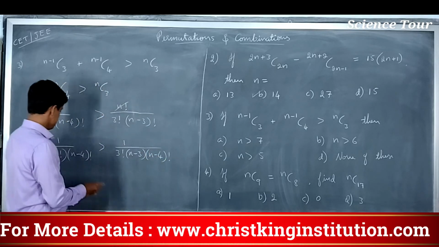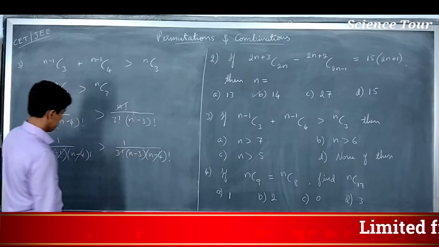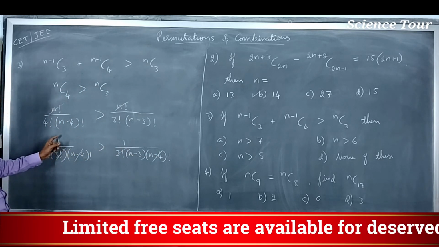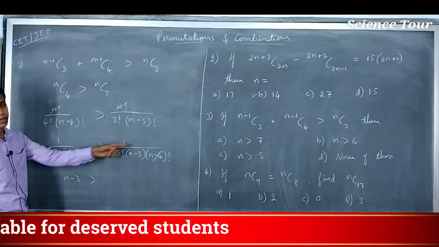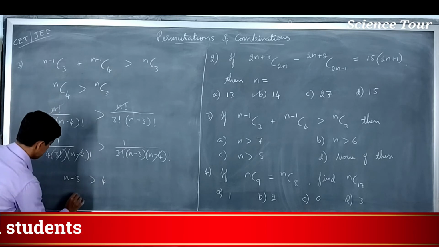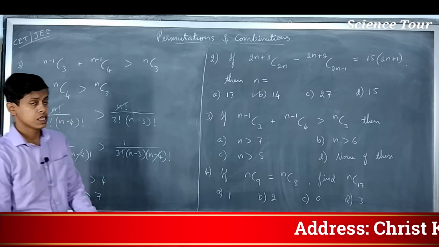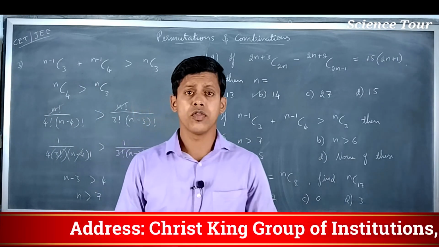Well, so now let me cancel these. What remains? You can multiply this n minus 3 over here, greater than this 4 can be multiplied here. So that means n is greater than 4 plus 3, which is 7. So n is greater than 7. Option A is the right answer for the third question.